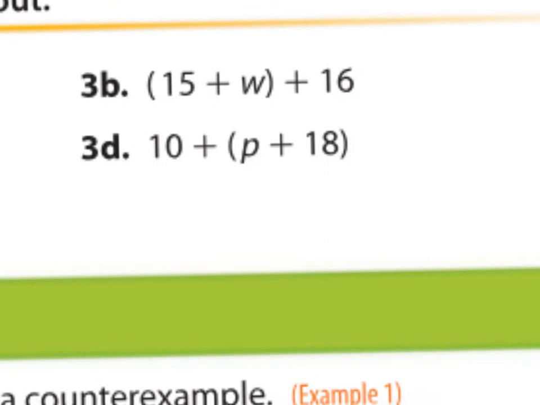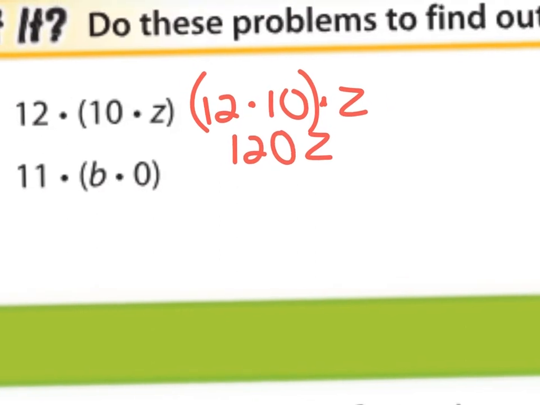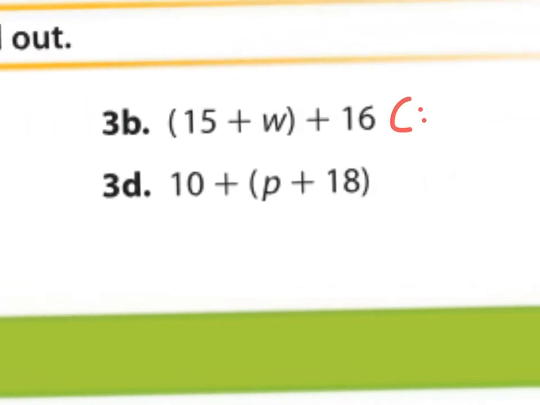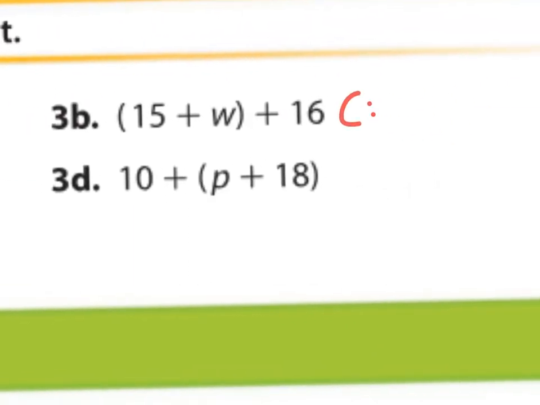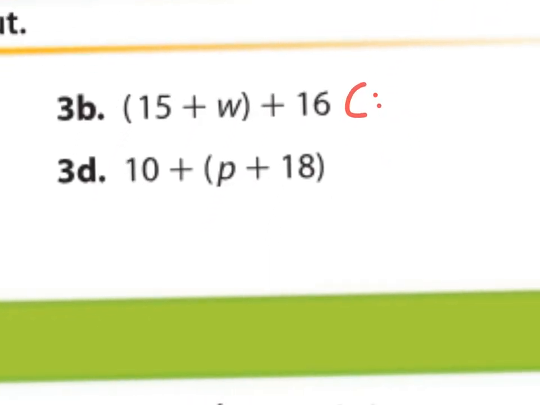For 3B, I would look to first use commutative, right? So I'm just going to put C for commutative. I should have acknowledged that I did associative here simply by writing A, that I'm doing associative. Okay, over here I'm going to do commutative and move them around, because this 15 and this 16 will work together.